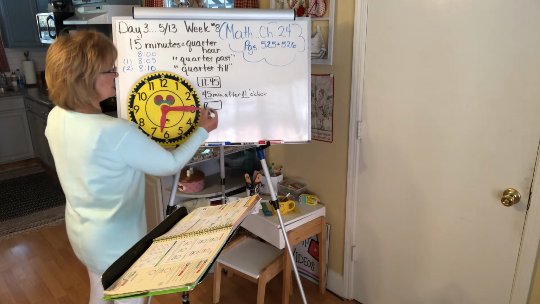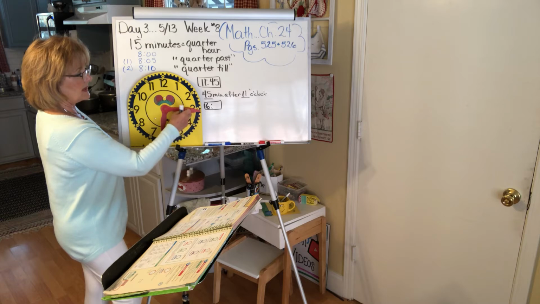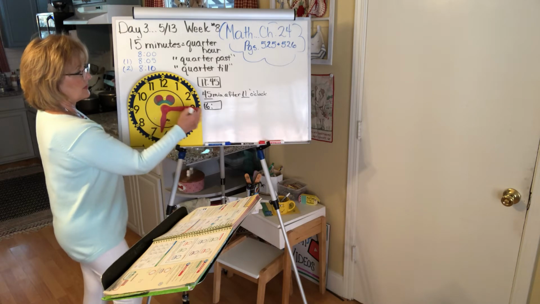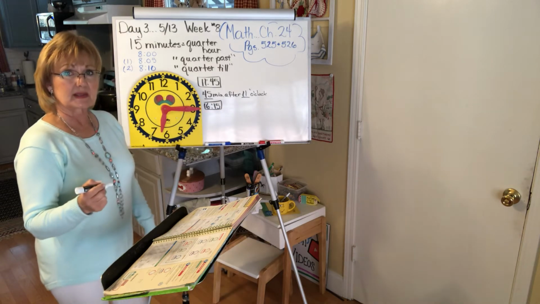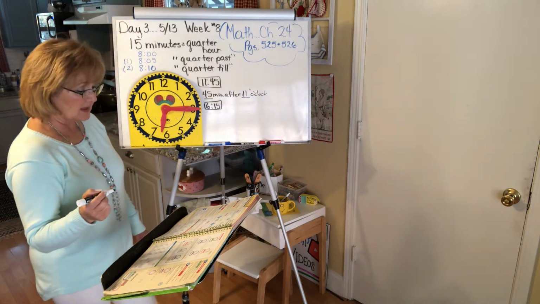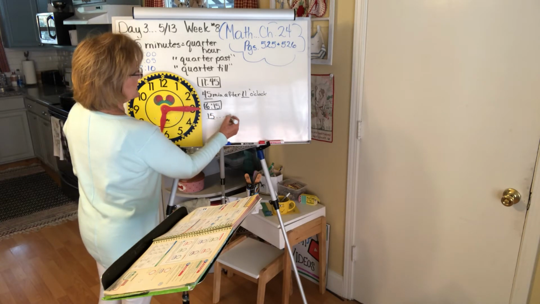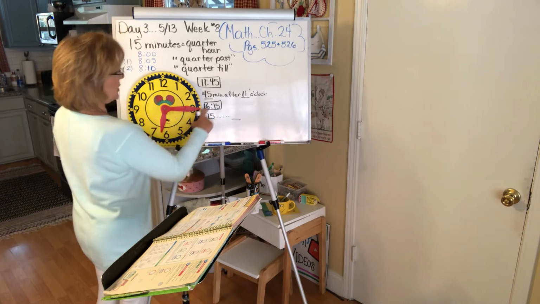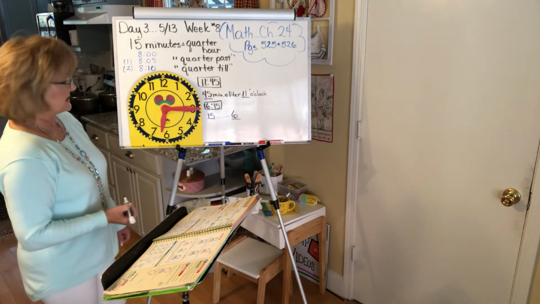The 6, colon. How many minutes is that? 5, 10, 15. It's 15. 6:15, or we could say quarter past 6 or quarter after 6. And so we say it's 15 minutes after what? 6 o'clock. 15 minutes after 6.